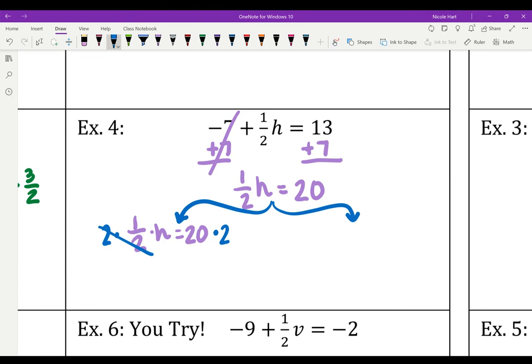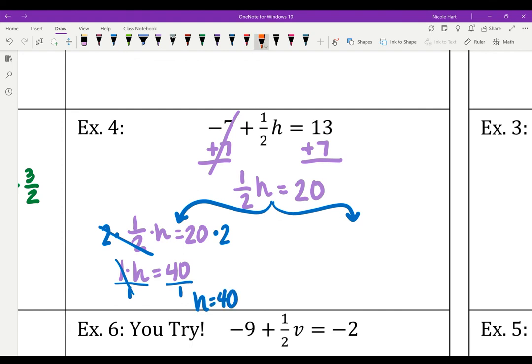So the 2's cancel out, and we are left with 1 times h equals 20 times 2 is 40. And then if we want to get that 1 away from the h, the 1 doesn't change the h, so you might realize 1 doesn't change anything and cancel it out. But if you need to divide by 1, you can divide by 1. It does not change anything. And we have h equals 40.